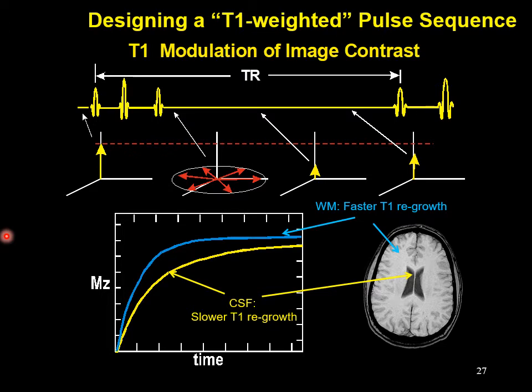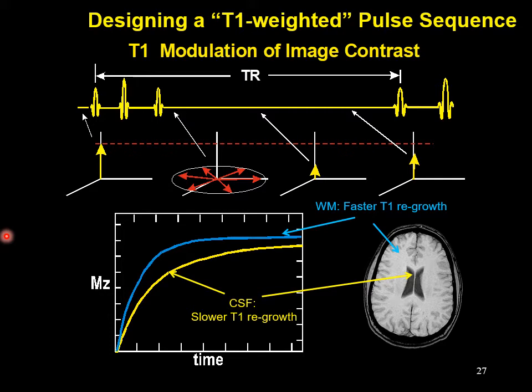T1 relaxation differences can also be exploited in pulse sequence design to maximize the image contrast between different tissues based on the T1 differences between tissues, and create a T1 weighted image.